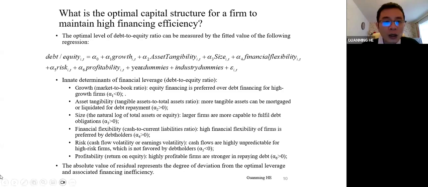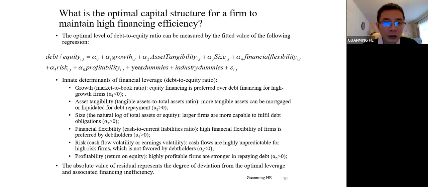We can run a regression to estimate the optimal level of the financial leverage. To this end, we need to figure out the fundamental determinants of the debt to equity ratio, that is, the company's capital structure. Here, there are several innate determinants of the financial leverage.